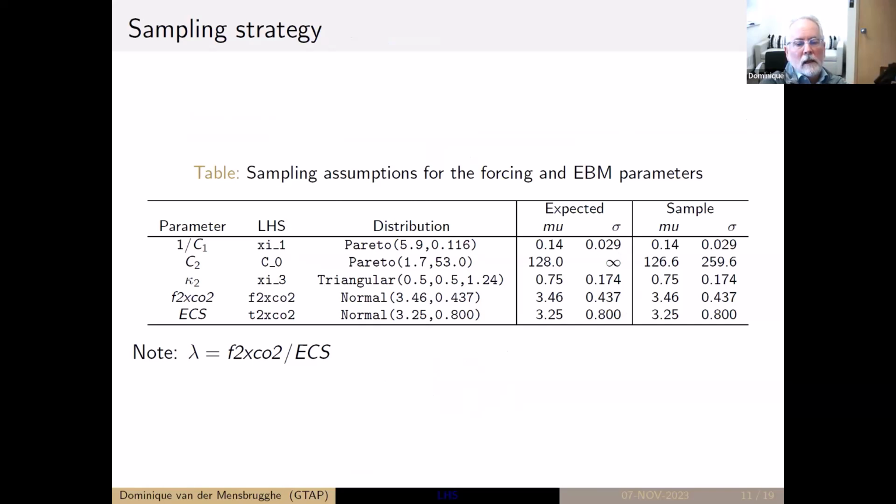You can see with the default parameterization what the expected means and standard deviations are. We're sampling this 10,000 times, and you can see that the sample is spot on. There's absolutely no deviation in the sample from the expected mean and standard deviation.